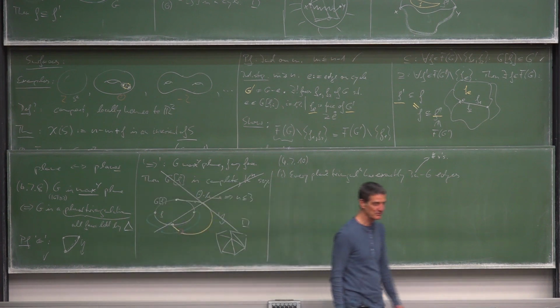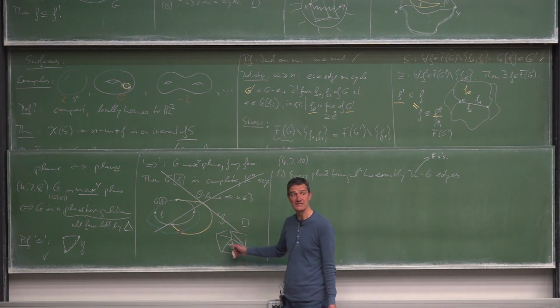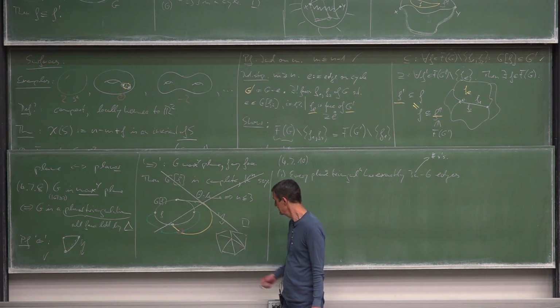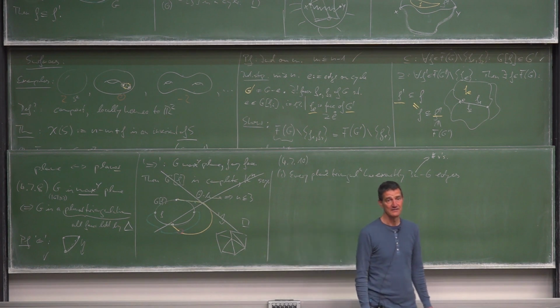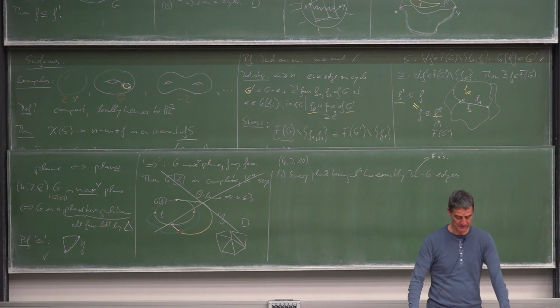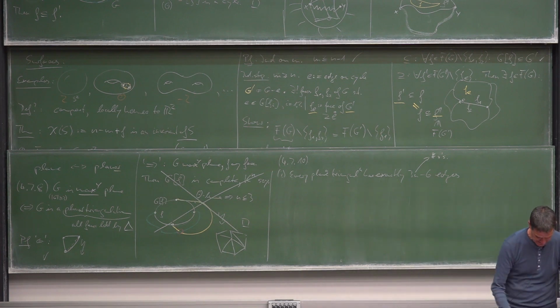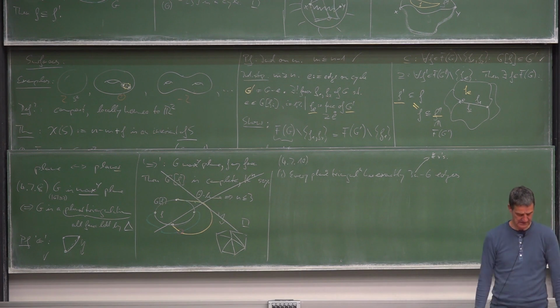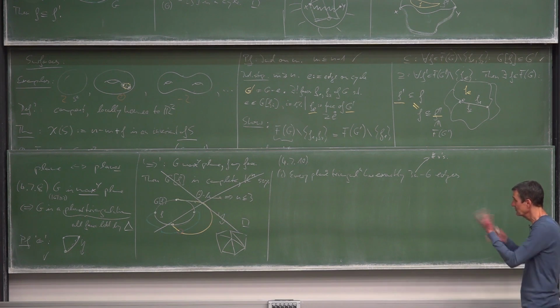So somehow the number of edges, every triangle contributes 3. So the number of edges is 3 times the number of faces, except you count every edge twice. So it should be 3 over 2. Right, and how do we make that sort of informal reasoning precise?